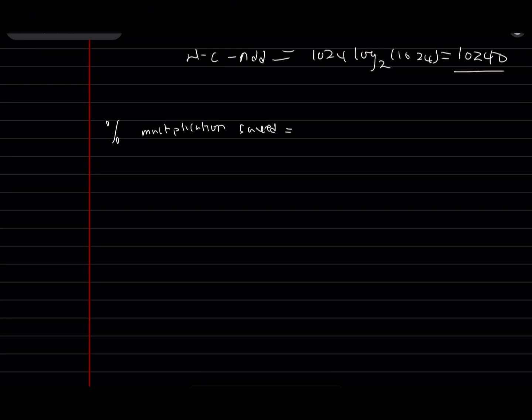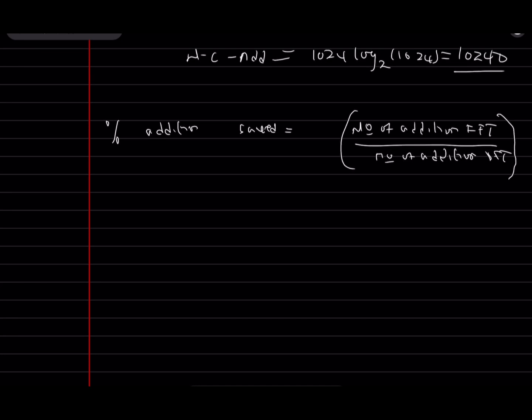When you divide the number of complex additions of the FFT that you calculated over the number of additions in the DFT, this is a very small number.